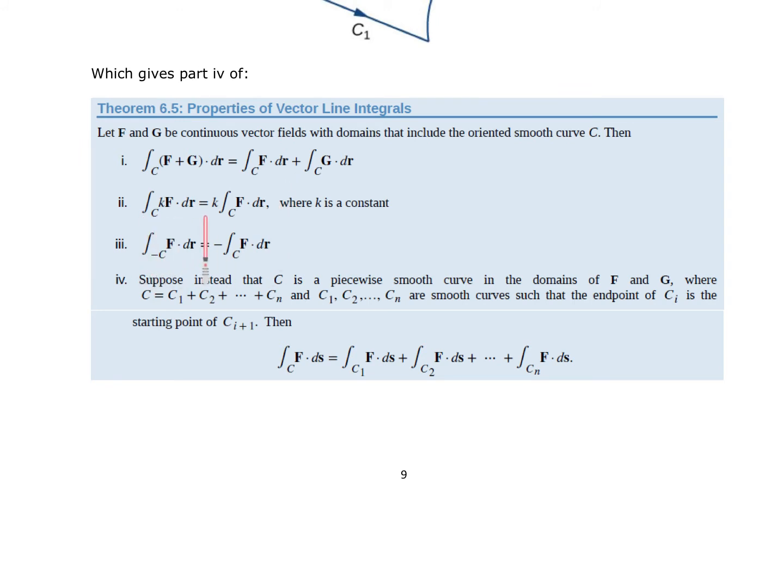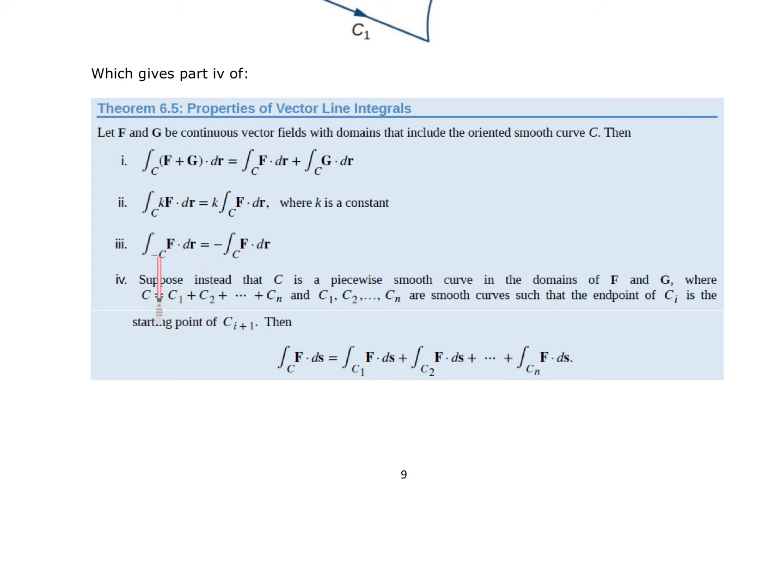This second one is just like we would expect in single variable integrals, that the constant k can be factored out. This is similar to when we go from a to b in single variable and switch it to b to a instead, that we would have the negative out front.